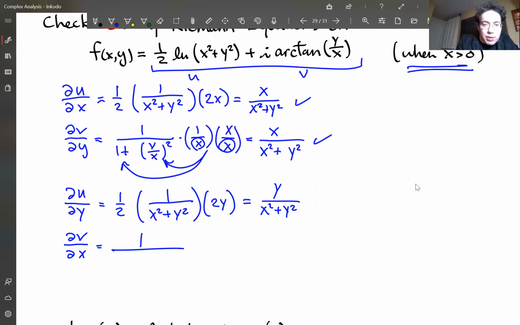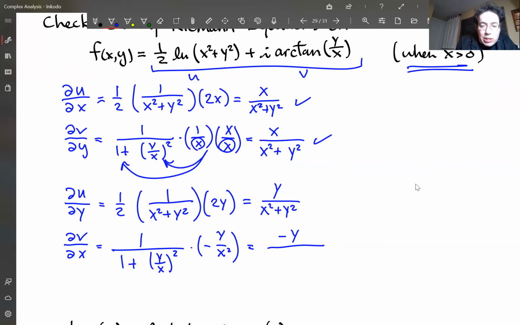So 1 over 1 plus the inside squared. And by the chain rule, I want to multiply by the derivative of the inside with respect to x. So the derivative of 1 over x is negative 1 over x squared. And so I have negative y on the top.